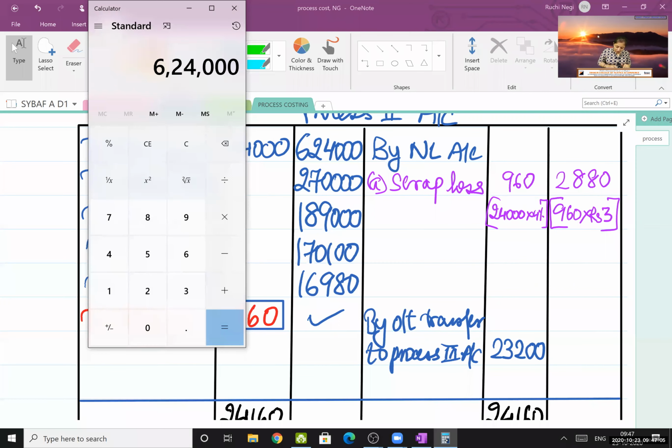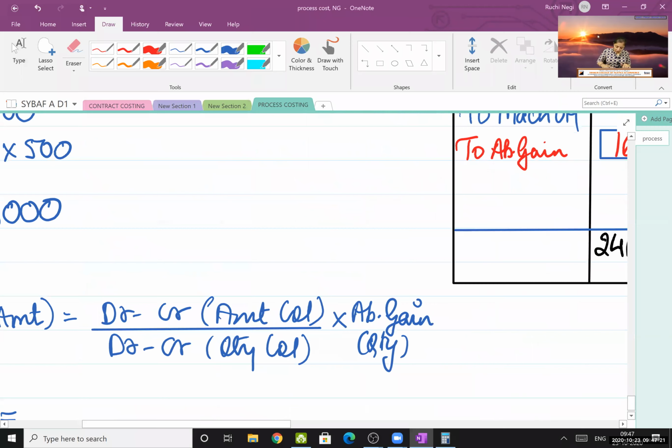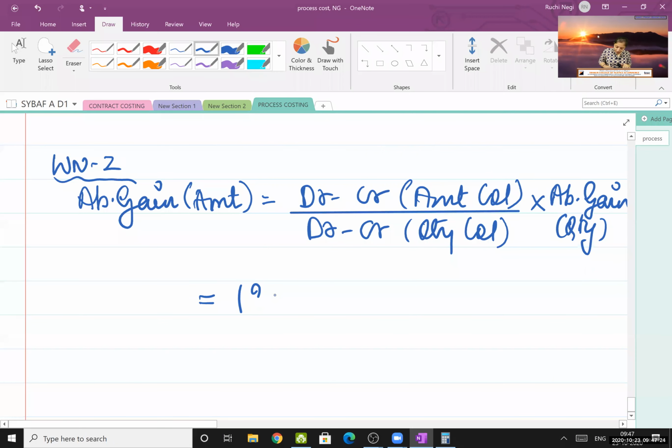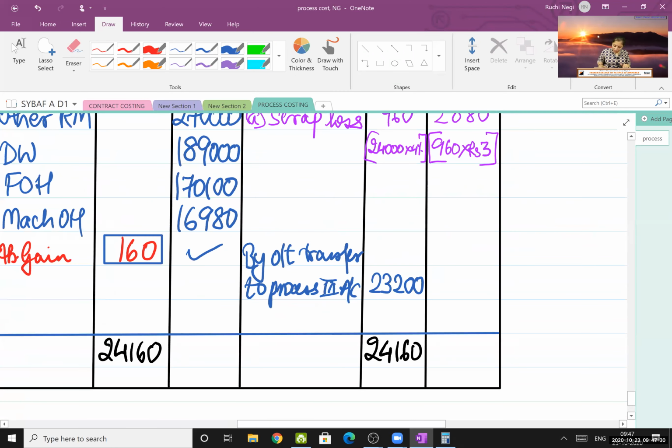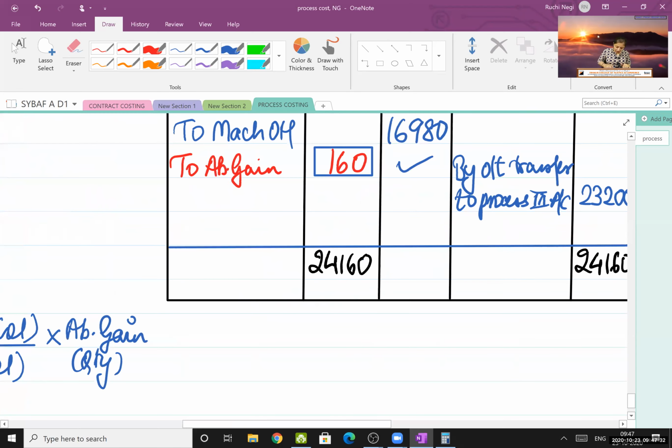6,24,000 plus 2,70,000 plus 1,89,000 plus 1,70,100 plus 16,980. हाँ स्टूडेंट्स कितना हुआ? 12,70,080. So right here debit side. Then the credit side is how much? Only one figure is there, 2,880.